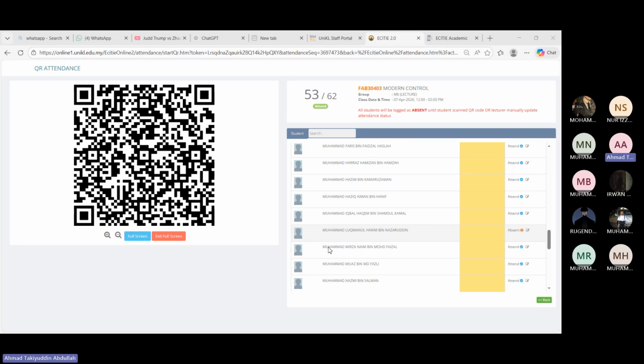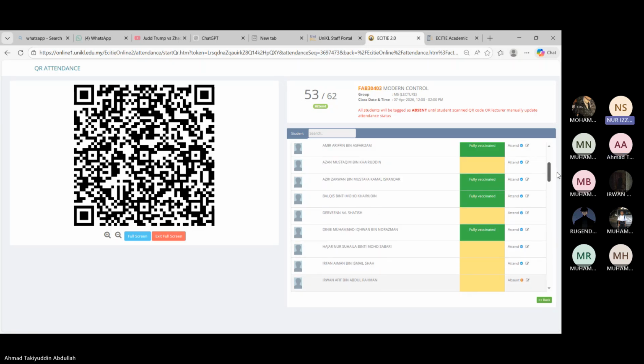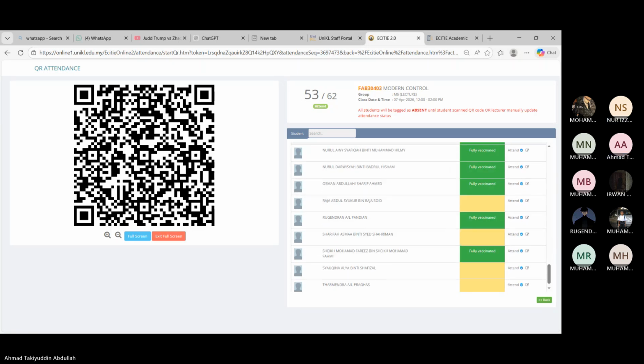Sebab awak ada bagi sign hold up macam tu dekat saya tadi. Boleh sign? Okay. Tak boleh. Semua orang dah scan? Kalau dah scan, saya akan remove you daripada session.